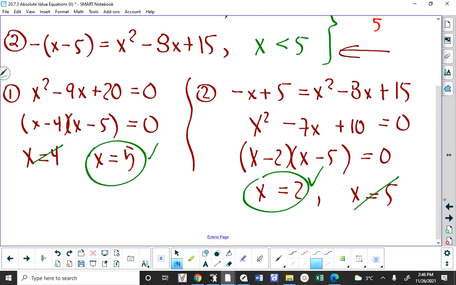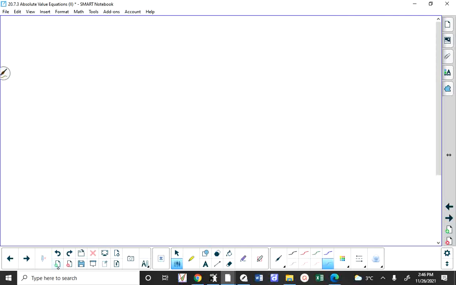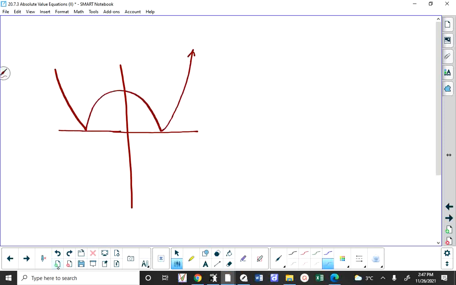You could potentially have 4 solutions. I mean, graphically speaking, if your absolute value of your quadratic ends up looking like this, because the original quadratic looked like that, and you have to fold up the negative part, and your other part of the equation is a linear function that looks like that, you could potentially have 4 solutions.